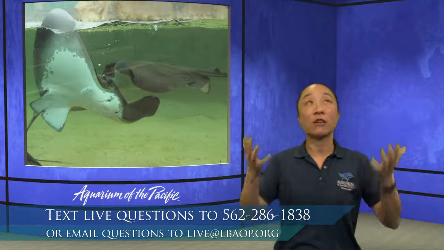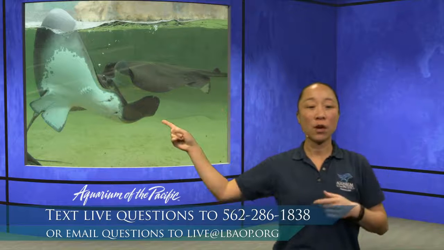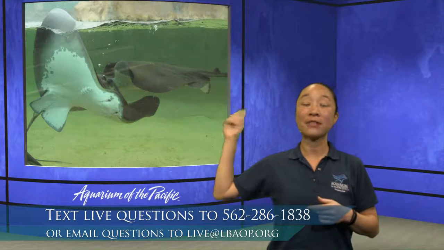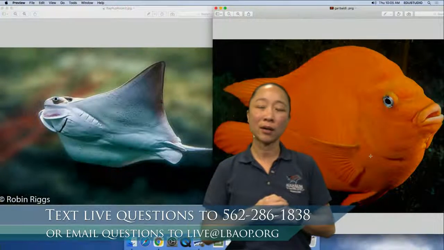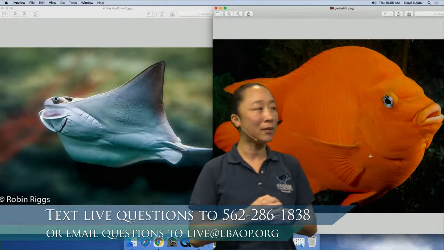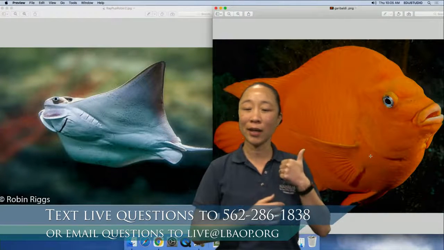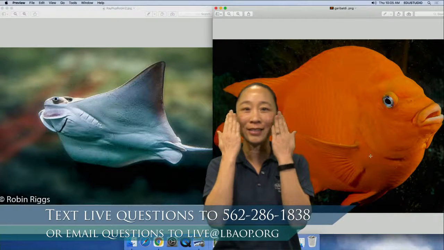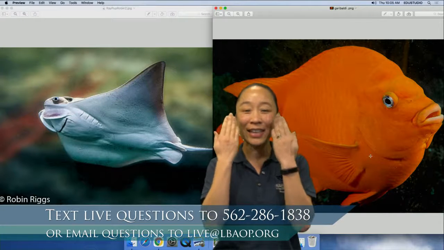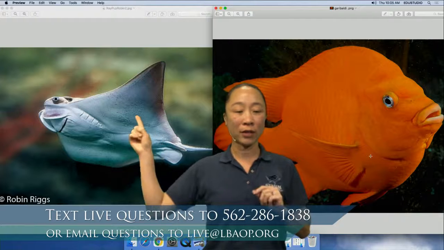We get our oxygen from air that's around us. Rays don't do that. They have something else that helps them get oxygen from the water. What do rays have that help them get oxygen from water? Well, it's kind of similar to this one right here. These things. That's right, gills. So rays have gills.